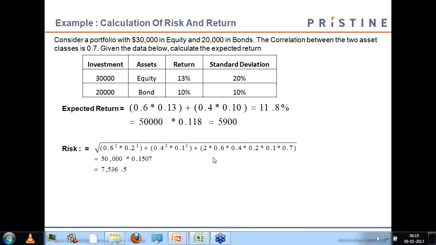So if your assets are perfectly positively correlated, then the standard deviation, that is the risk of the portfolio, will be equal to weight of asset 1 into standard deviation of asset 1 plus weight of asset 2 into standard deviation of asset 2. Right?